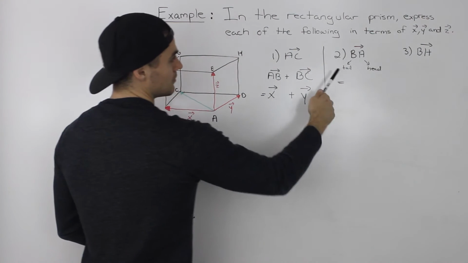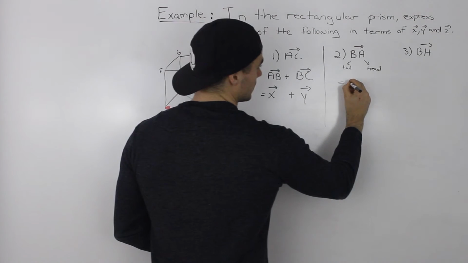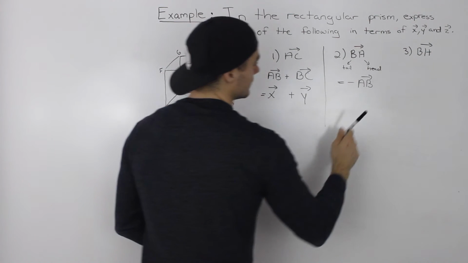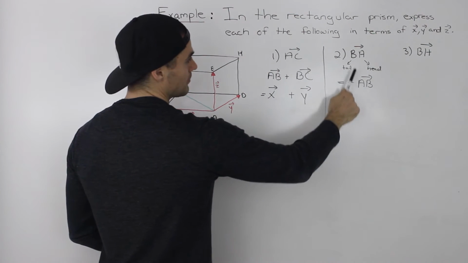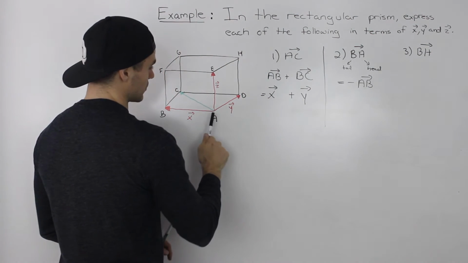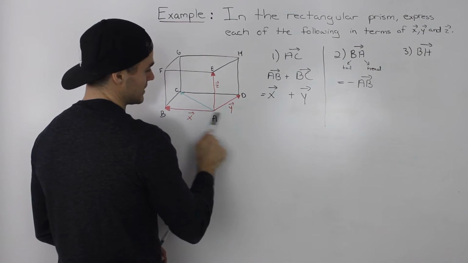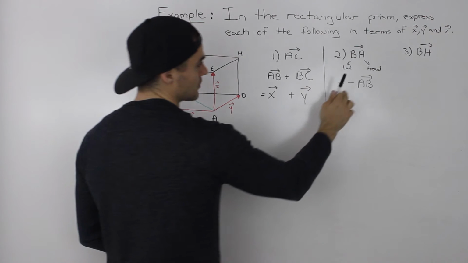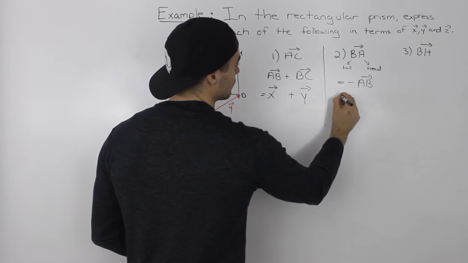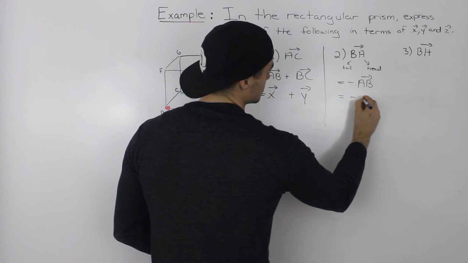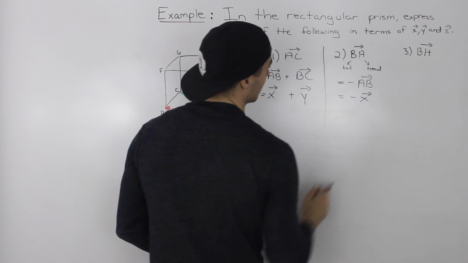So BA we can just rewrite as negative AB. It's the opposite vector of AB. One more time, AB has the same magnitude as vector BA would have, but it's just going in the opposite direction. Hence we add this negative. And vector AB is the same as vector x, so we can just write negative x.